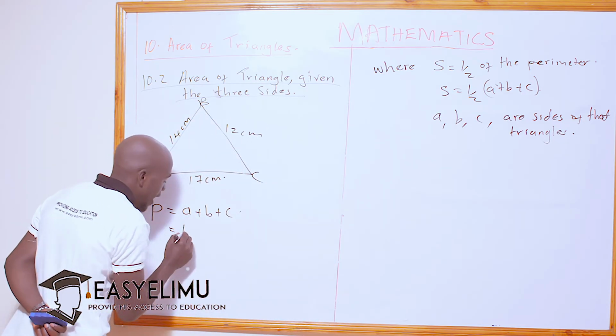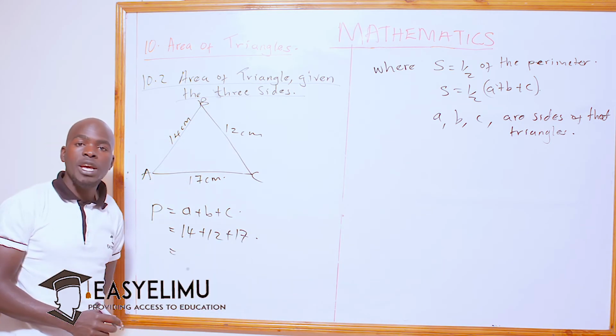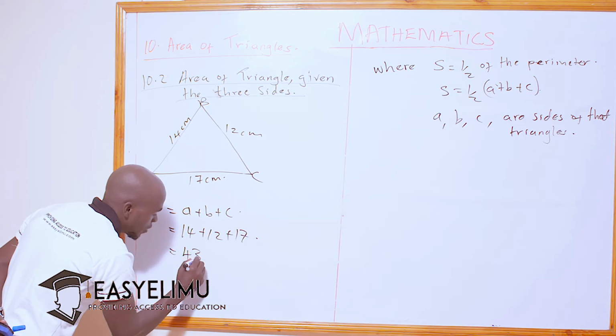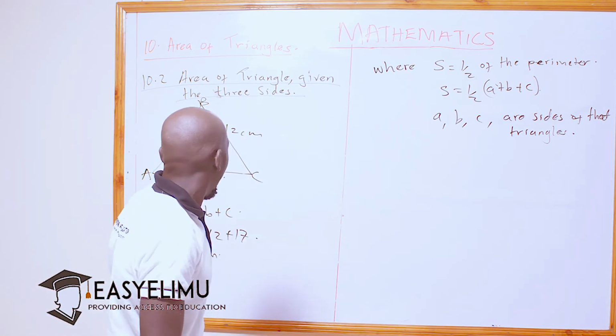We shall add them together and find that we get 43 centimeters, and this is the perimeter of that triangle.